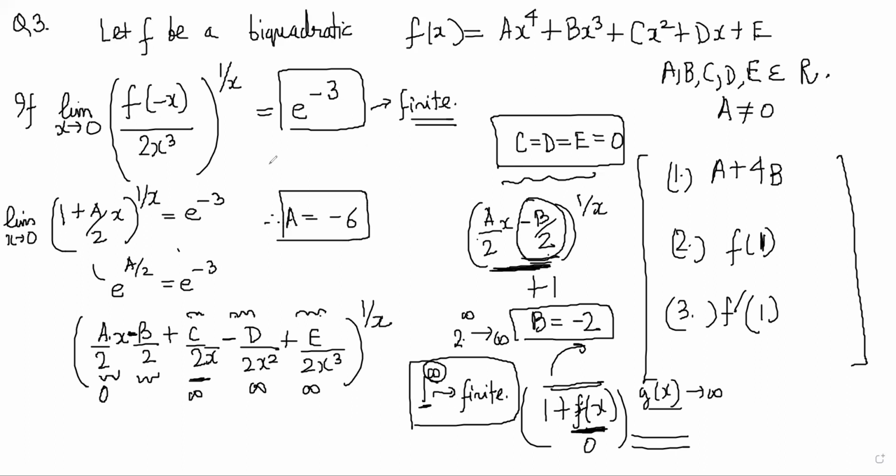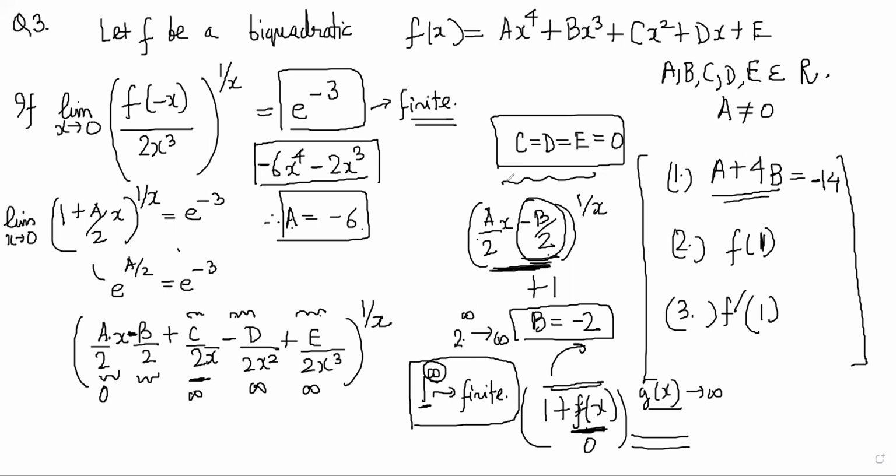So the function becomes minus 6 x power 4 minus 2 x power 3, plus 0 plus 0 plus 0. So a plus 4b will be minus 6 plus 4 times minus 2, so minus 8. So this should be minus 14.